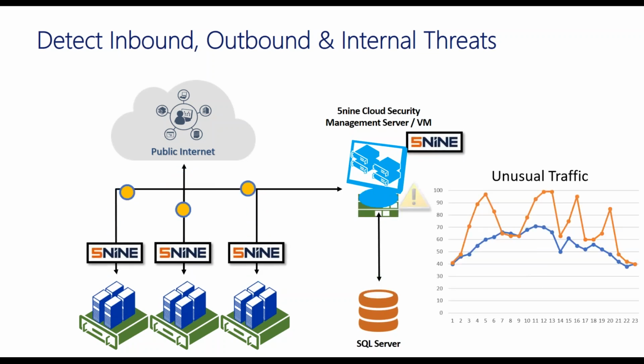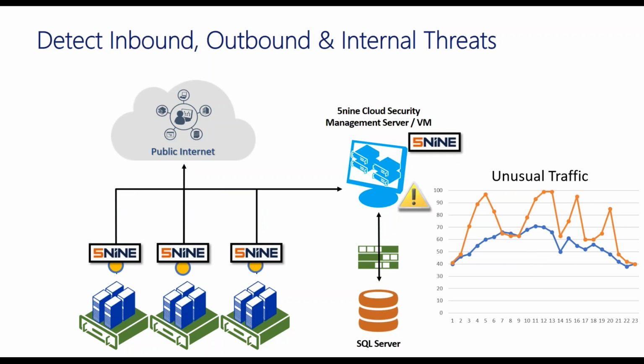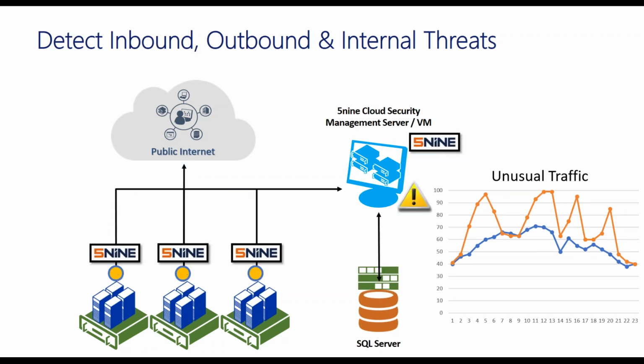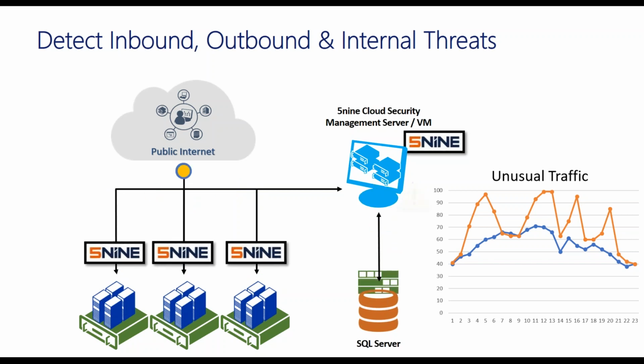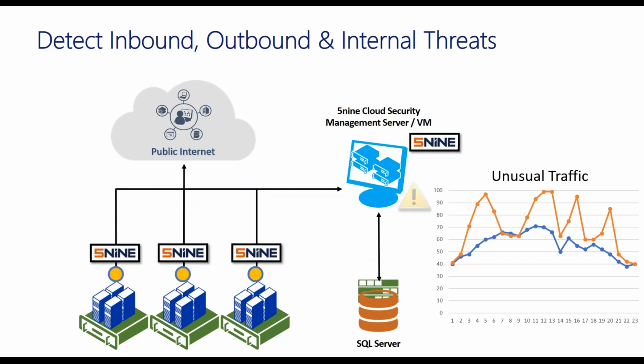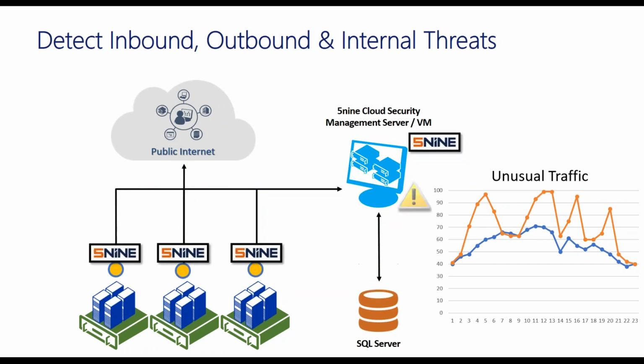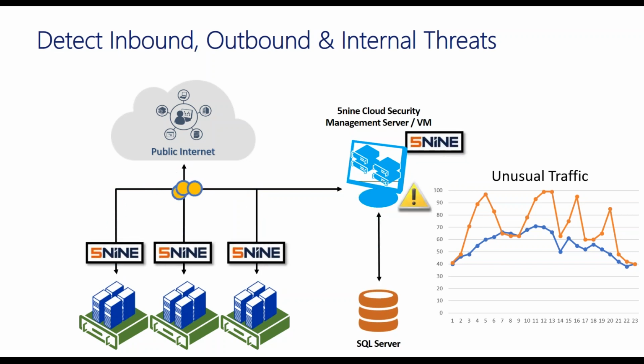You are able to use signatures for that, but anomaly detection is equally important because not all of the traffic patterns get into the signature data set right away. So for that specific purpose, we've implemented the anomaly detection layer. It allows you to spot unusual traffic.